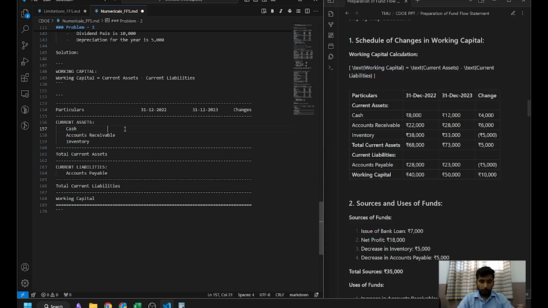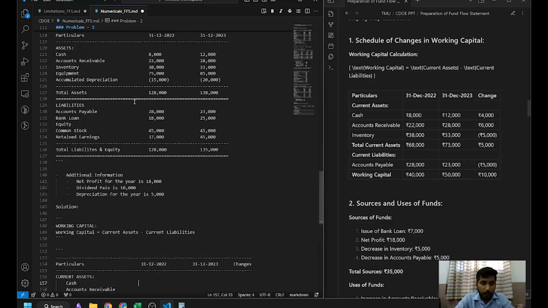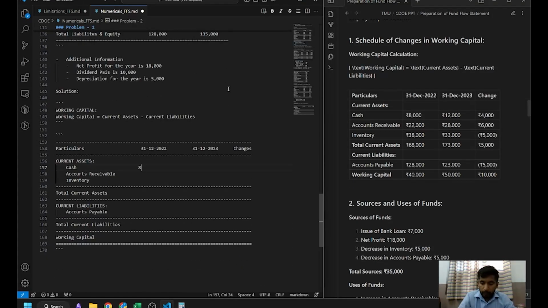Cash. From the above, we can see that the cash is 8,000 and 12,000 for the year 2022 and 2023. So 8,000 and 12,000.